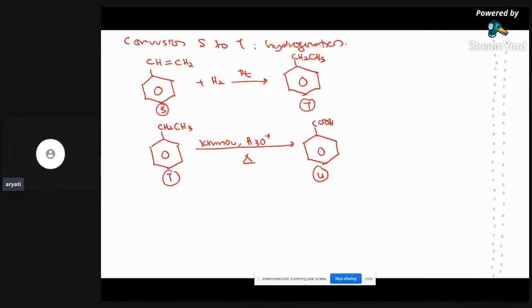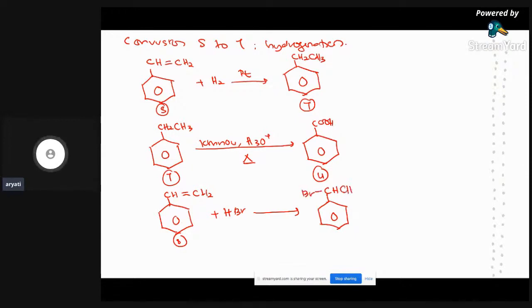Kemudian S, structure for S. So salin balik S. Ialah CH double bond CH2, so this is S, react with HBr, so tindak balas anti-Markovnikov, H will be added to carbon with more H, so sini jadi CH, sini jadi Br, so CH2 plus 1 jadi CH3.